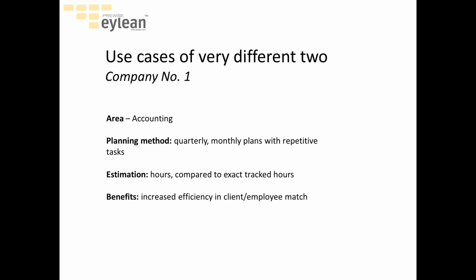They have repetitive tasks like reports and account information for month, account information for quarter. They repeat this month by month. So they plan on a monthly and quarterly basis, and they estimate in hours.